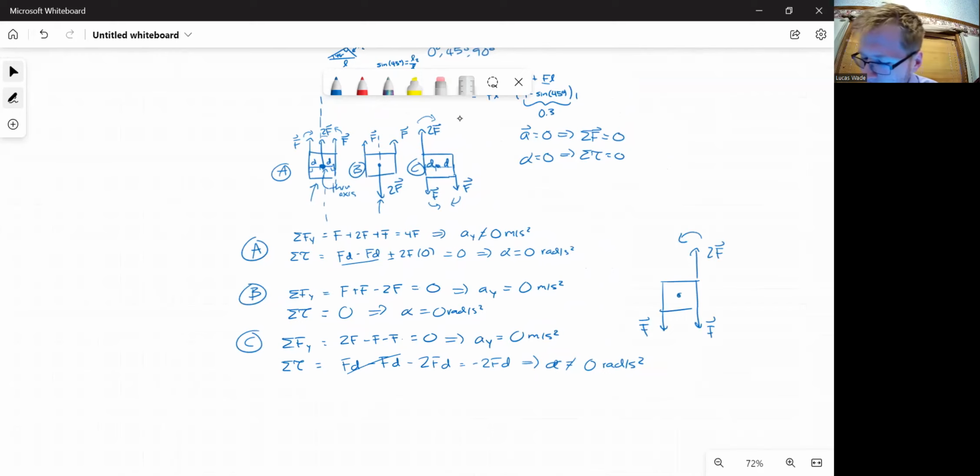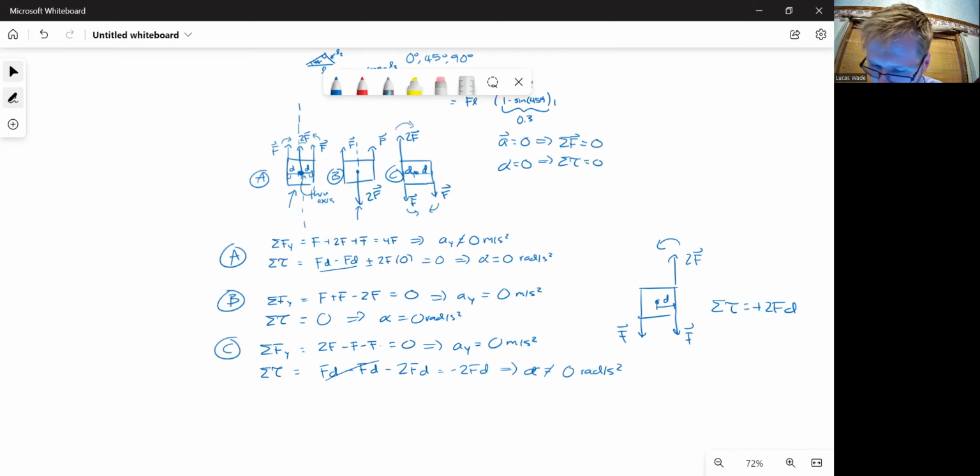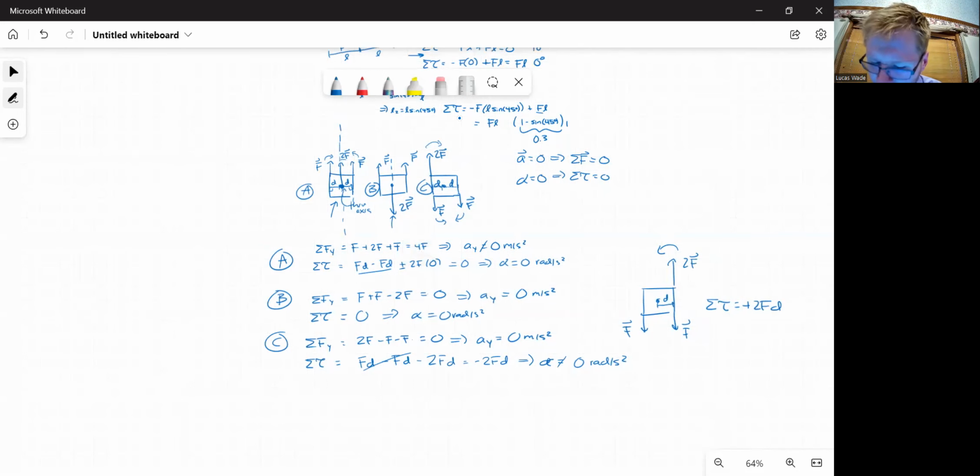Because then it would produce a counterclockwise torque. The net torque in that case would be a positive 2FD, whatever that distance d is. Okay, does that clear that one up?